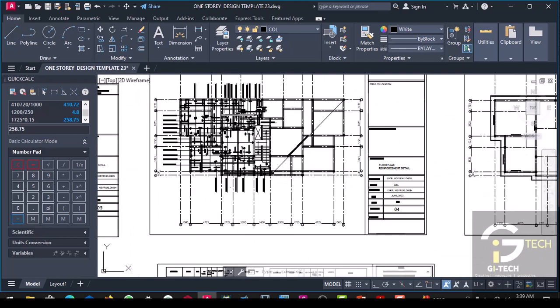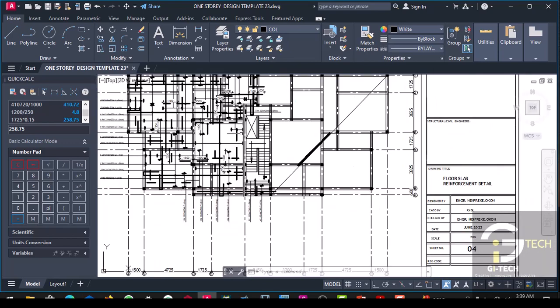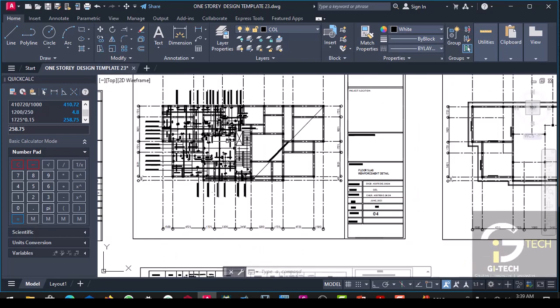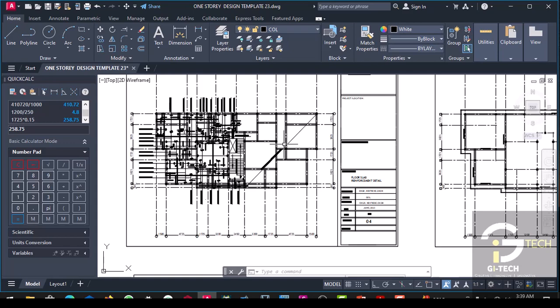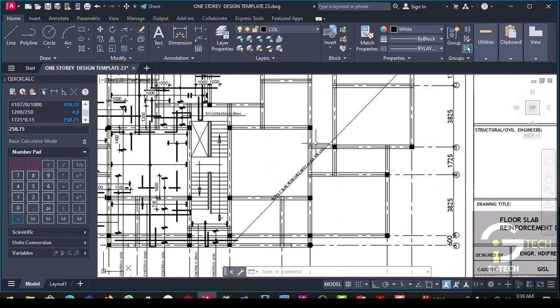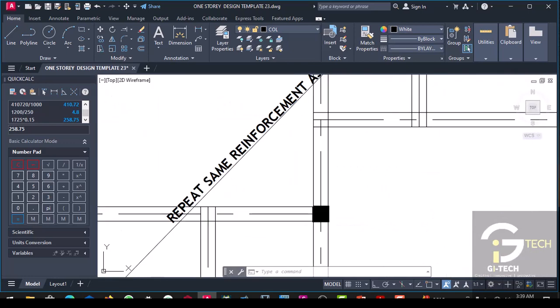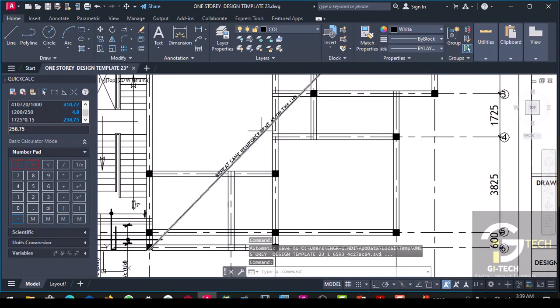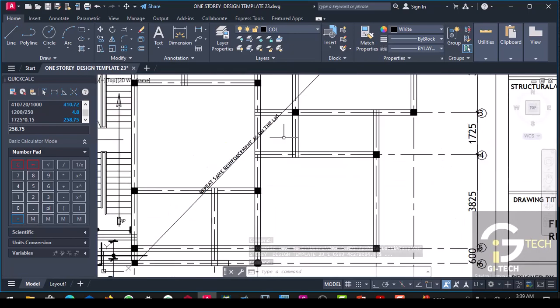That is, the arrangement that we have on the left hand side is also the arrangement that we have on the right hand side. So instead of us to waste our time to repeat the same reinforcement during our detailing, we simply detail the left hand side and give information that will help us to adopt the same. So we say here repeat same reinforcement as on the left hand side.